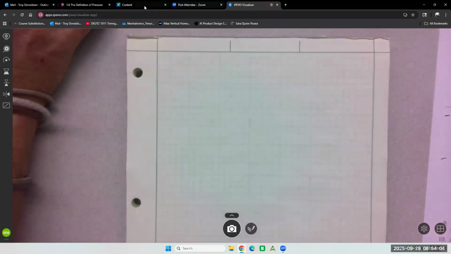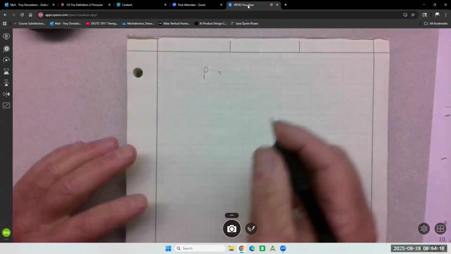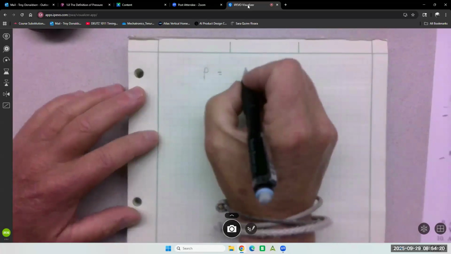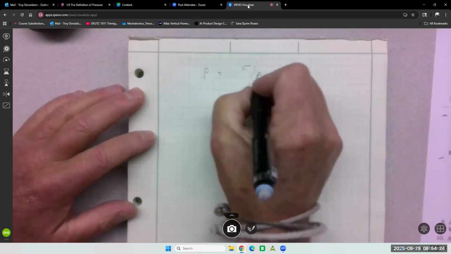I think they use small p. Is that what that was? Yeah, lowercase p for pressure. Simple equation that we use over and over and over. It's going to be force per unit area.